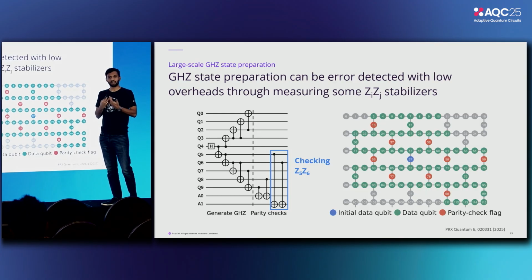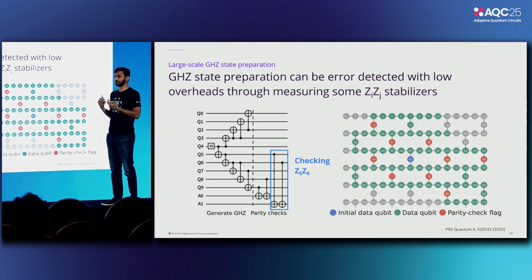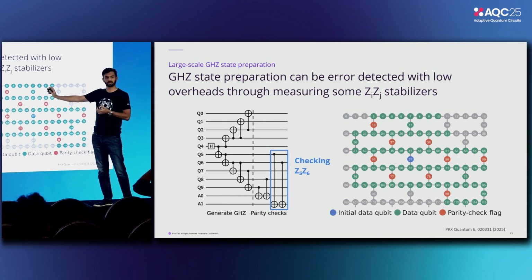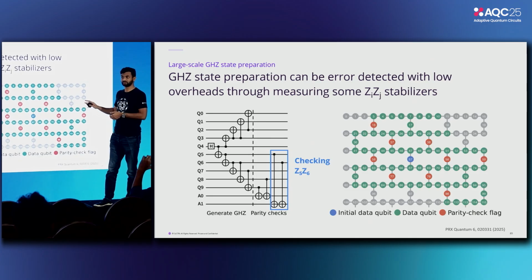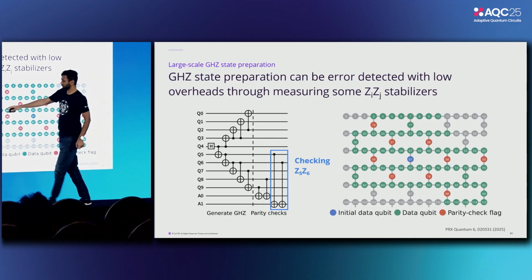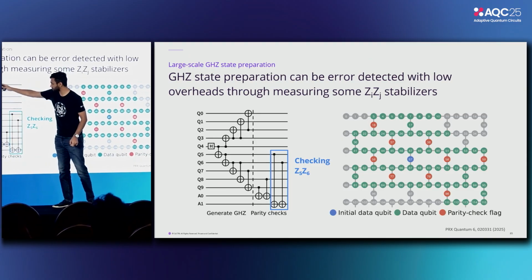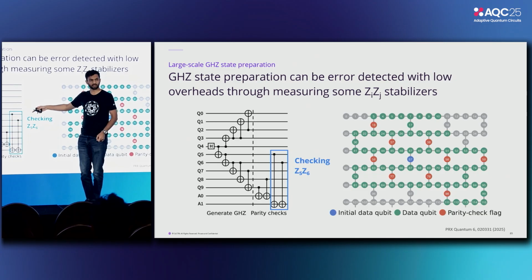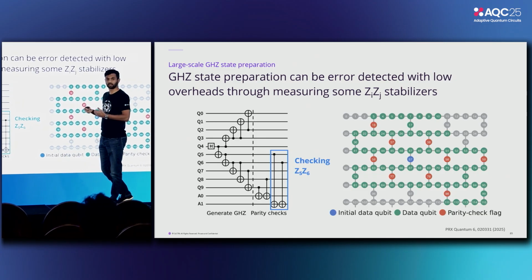GHZ states have this very nice symmetry that you can do local parity checks, and they are stabilizers of that state. This is really powerful. Here is an explicit circuit. You prepare this GHZ state and do, say, a parity check on these two qubits. You just measure the ZZ between them. That should not change the state.